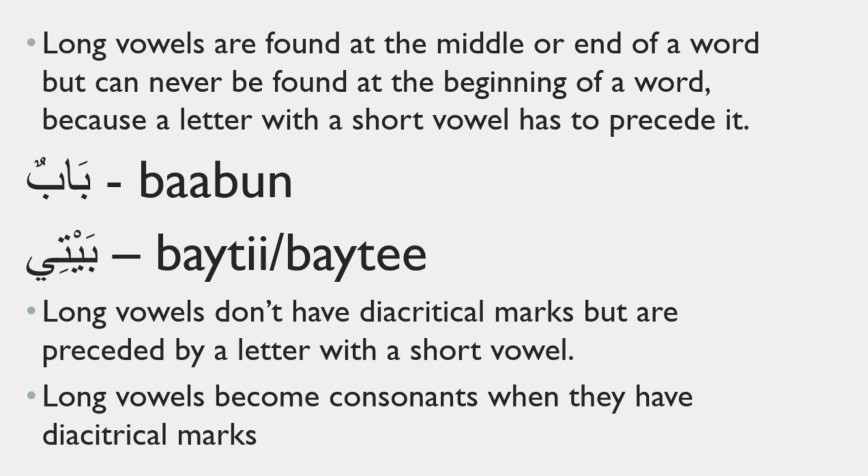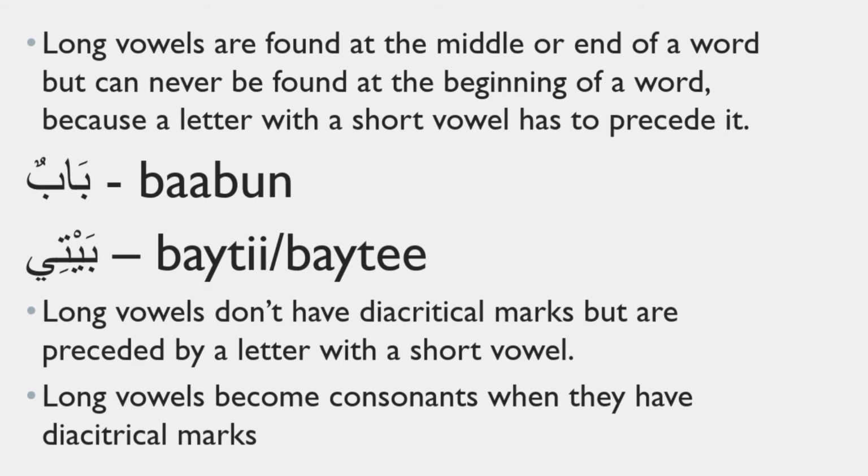Long vowels are found at the middle or end of a word but can never be found at the beginning of a word, because a letter with a short vowel has to precede it. You should have already known that there is no way mad can start a word.